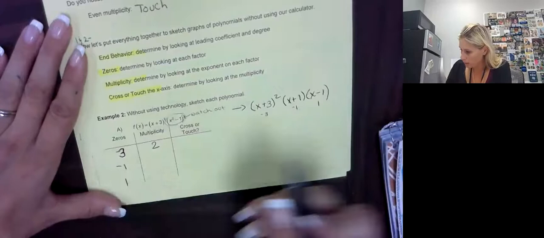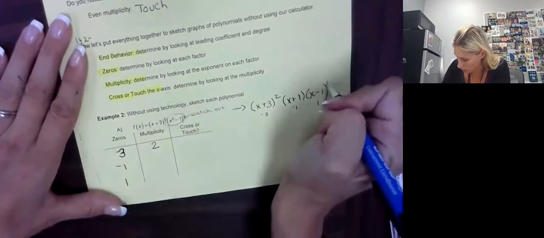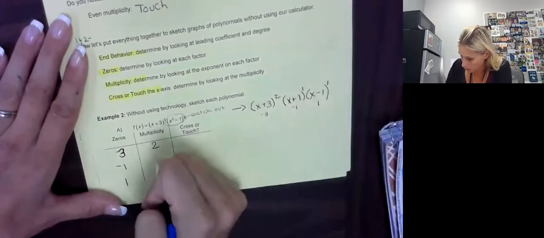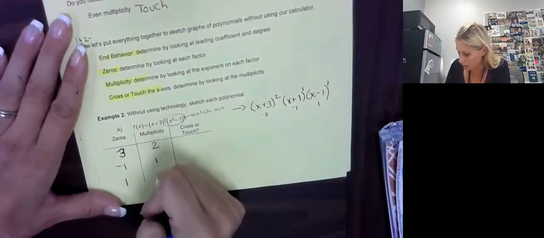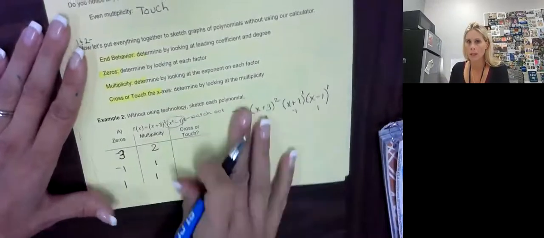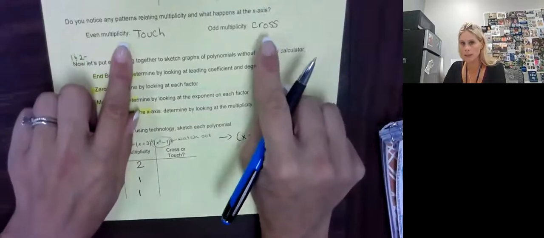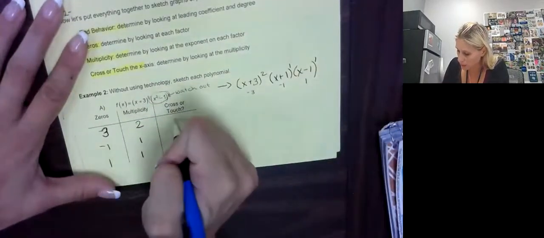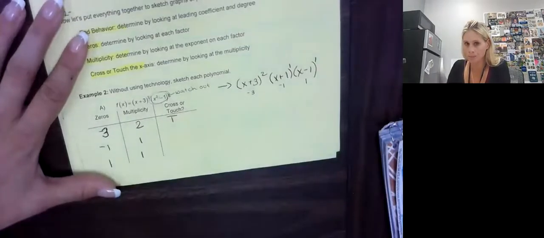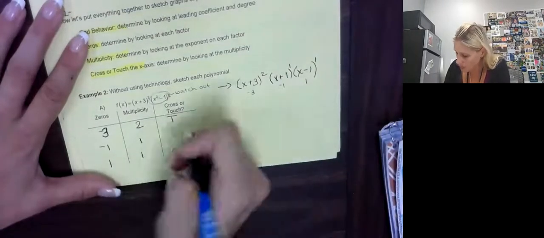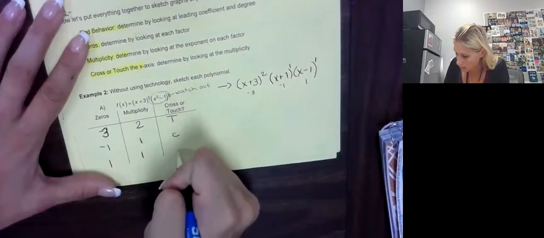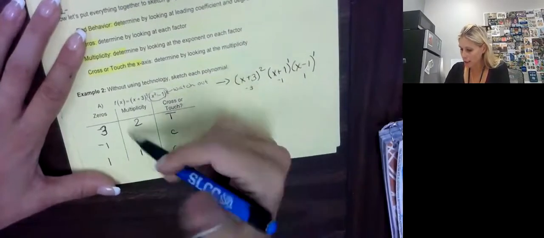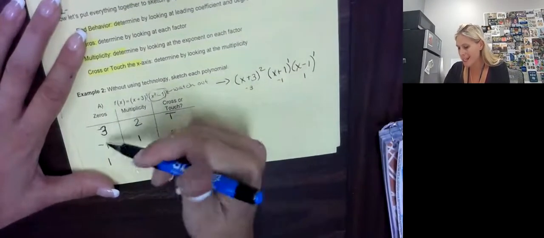The -1, the exponent is to the first. And the 1, the exponent is to the first. And we looked up here, right? Even is touch, odd is cross. So 2 is even, so we're going to touch. 1s are odds, so we're going to cross. Now remember, the touch and cross come from the multiplicity, not the zeros.